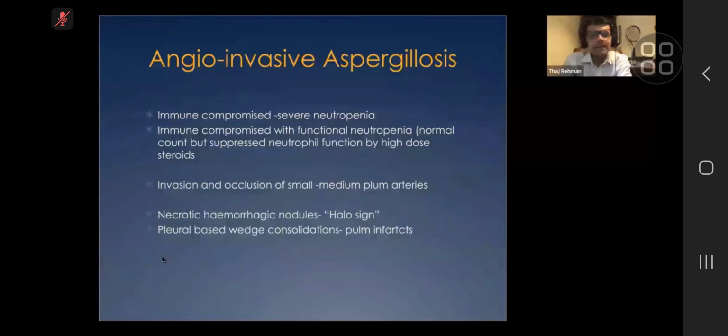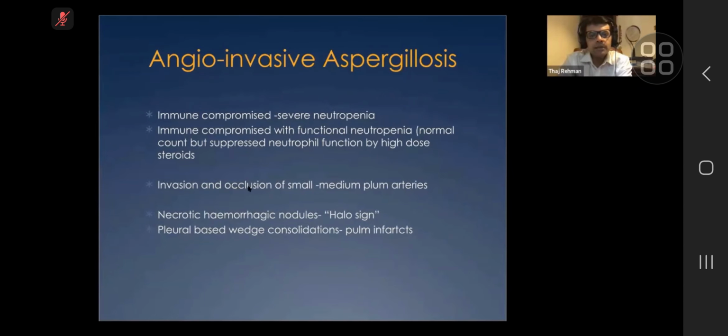For a better understanding, I call it angio-invasive aspergillosis, because I am always thinking about angio-invasion, hemorrhage and the pathomorphology. It happens in immunocompromised patients with severe neutropenia. It can also happen in immunocompromised patients with normal counts, but who are immunocompromised because of heavy steroids.